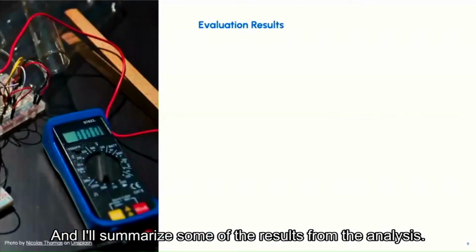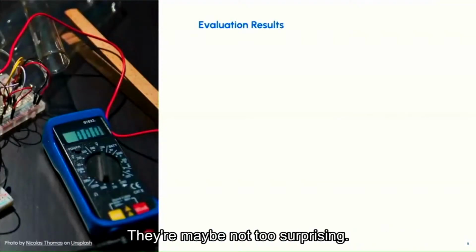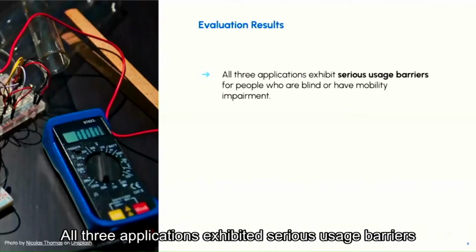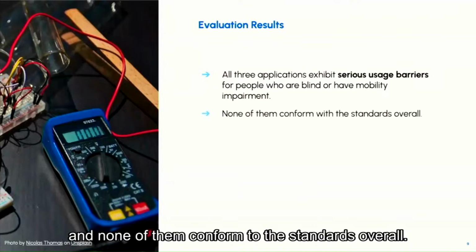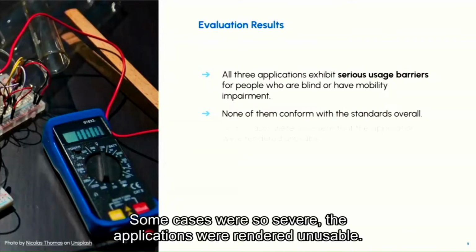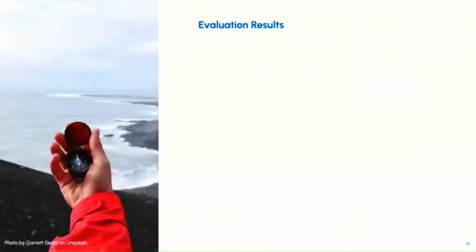And I'll summarize some of the results from the analysis. They're maybe not too surprising. I'll give you the spoiler right away. All three applications exhibited serious usage barriers for people who are blind or have mobility impairment, and none of them conform to the standards overall. Some cases were so severe the applications were rendered unusable.